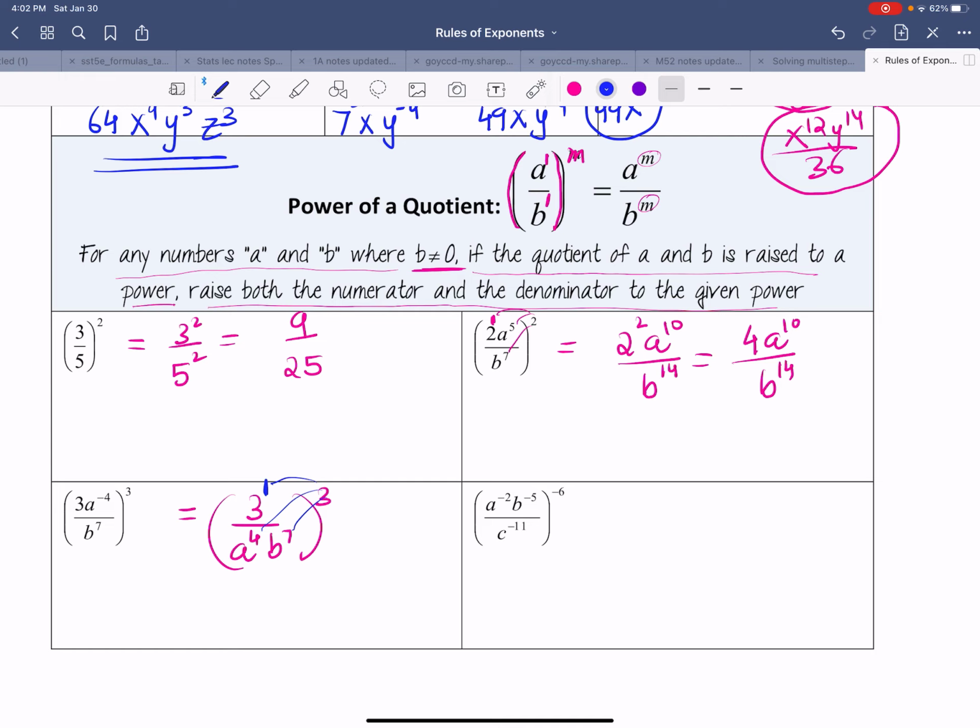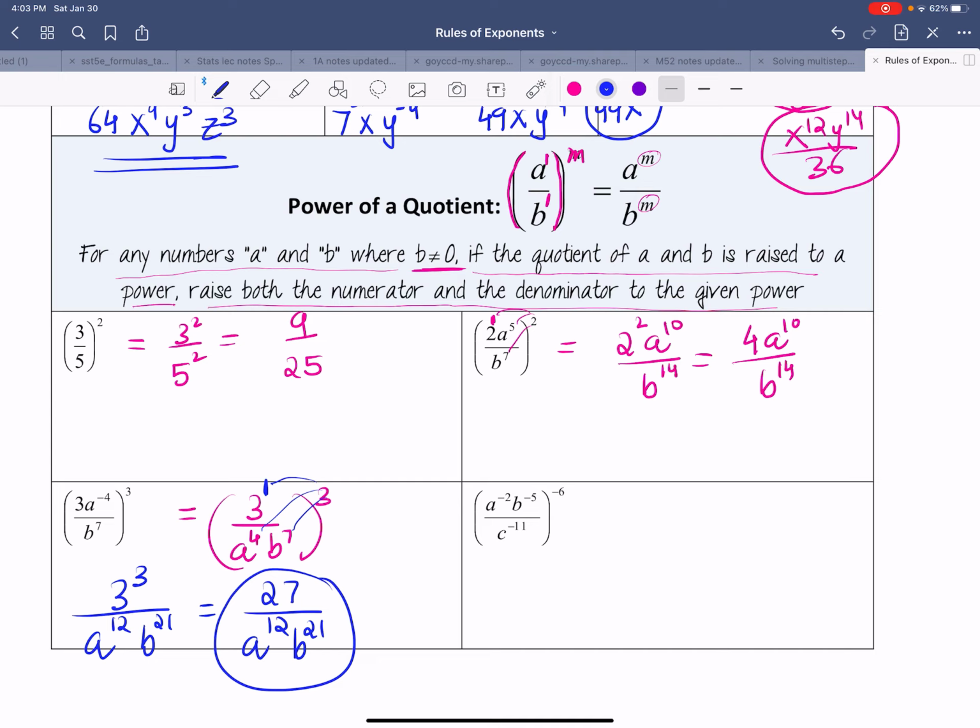So 3 to the first power becomes 3 to the third power, divided by a to the power 4 times 3 is 12, b to the power 7 times 3 is 21. 3 to the third power is 27, divided by a to the 12th, b to the 21. No more simplification can be done over here, and that's our end product.